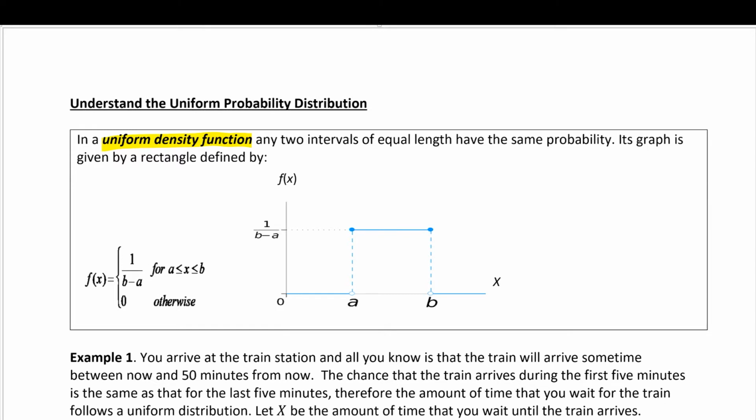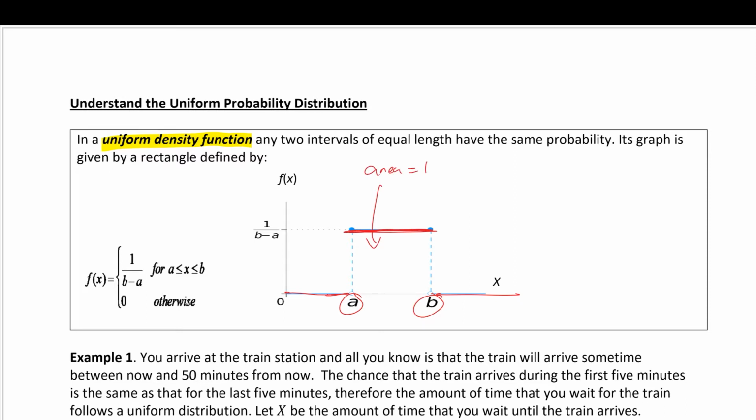A uniform density function is essentially a random variable where the values are anywhere between your value A and your value B, and there's a uniform chance of that occurring between that interval. Everywhere else it's 0. Now, in order for this to be a probability distribution function, this area here has to be equal to 1.